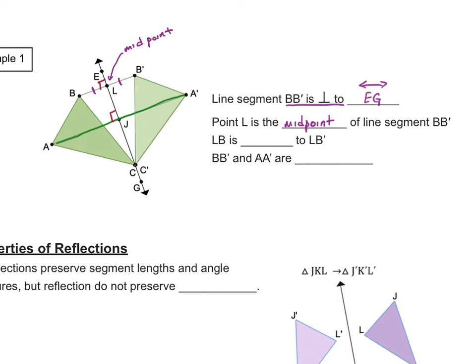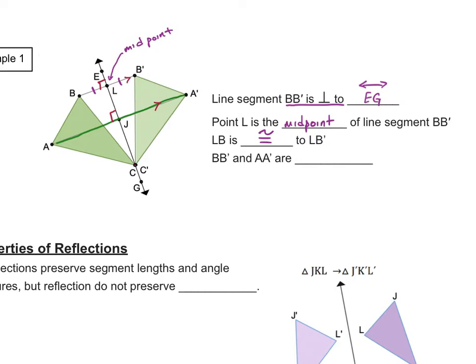And let's see here, LB is blank to LB prime. Well, we just talked about it here that those segments are congruent. And then B prime and A prime are going to be, in this case, I just mentioned it a few minutes ago, parallel lines.